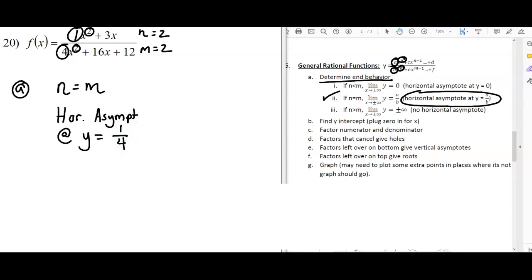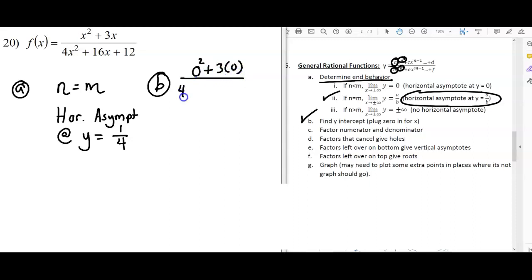All right. Moving on to part B. Find the y-intercept by plugging in 0 for x. So if I plug in 0, this goes away, and I'm left with 0 on the top.